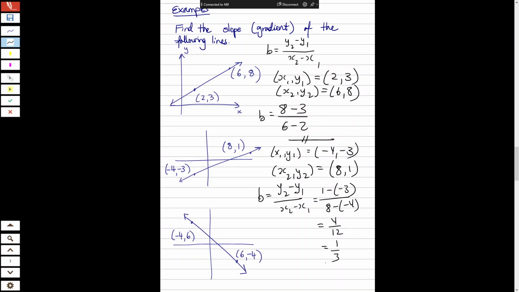Wait, so is the top one 5 over 4? Yeah, sorry, I never finished it. My bad. Yeah, 5 over 4. If you gave me a fraction or a decimal, either's fine. Are we also going to put this on Teams? Yes. It's being recorded. All the notes that I write will be on Teams.